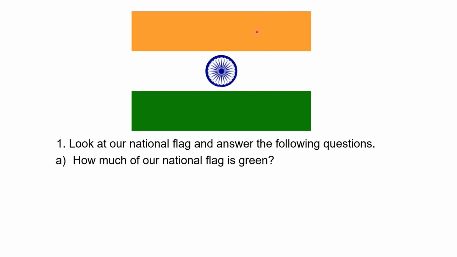At the top it is saffron, in the middle white, at the bottom green. 3 equal portions are there in our national flag. Out of 3 equal parts, one part is colored green. So 1/3 of our national flag is green.